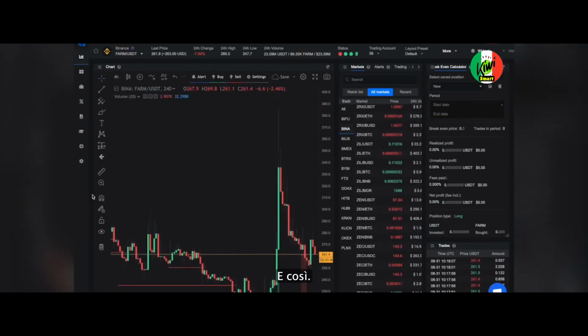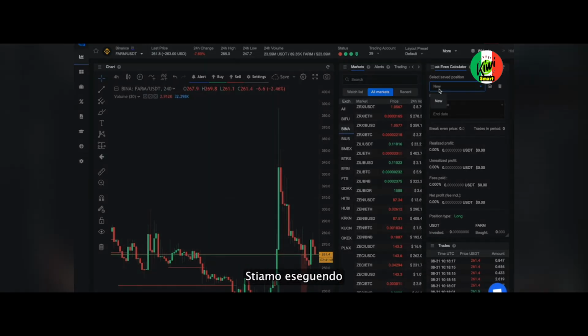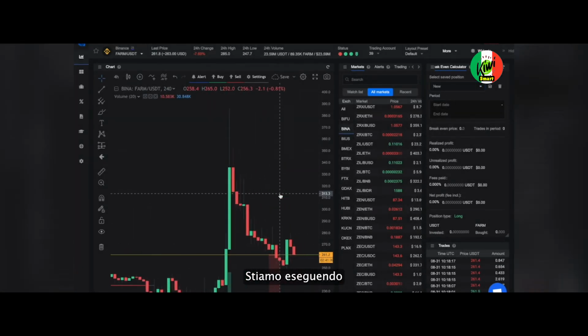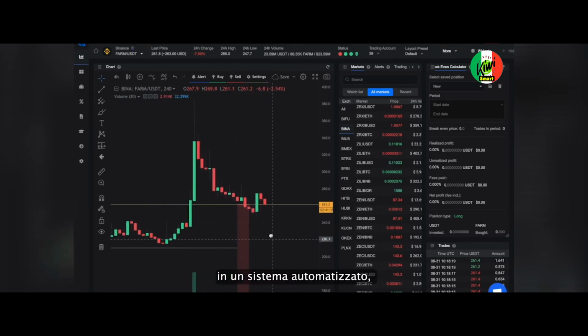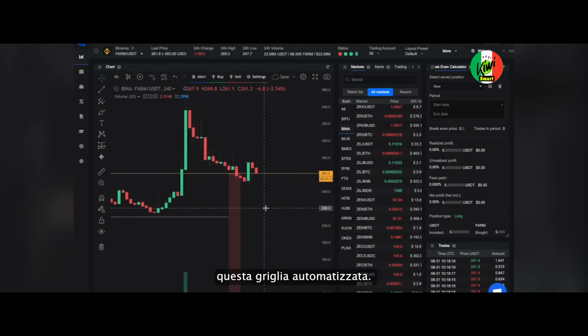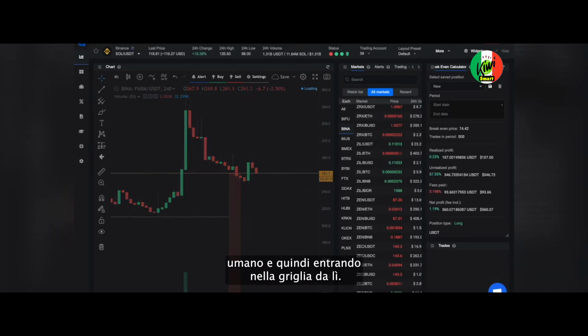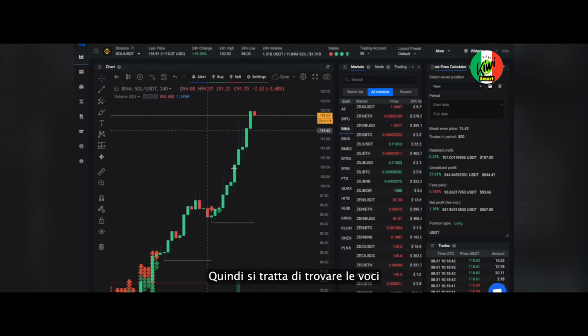So we are running in an automated system. This automated grid, the algorithm basically works by finding where technical factors would coincide with maybe where a human would find them, and then entering the grid from there.